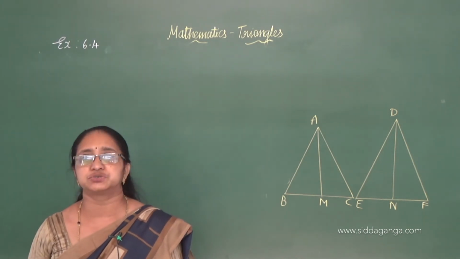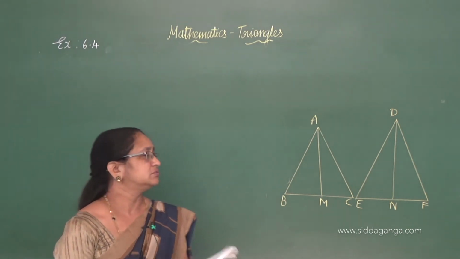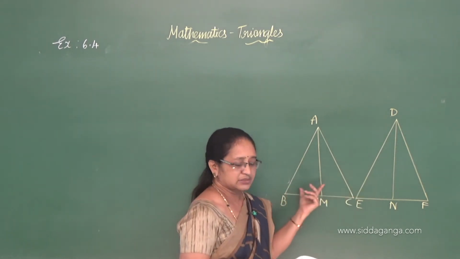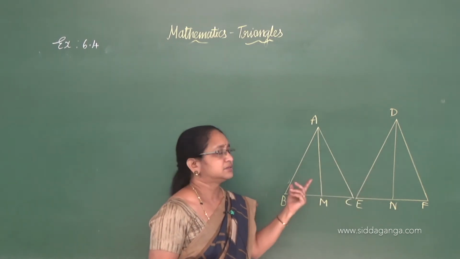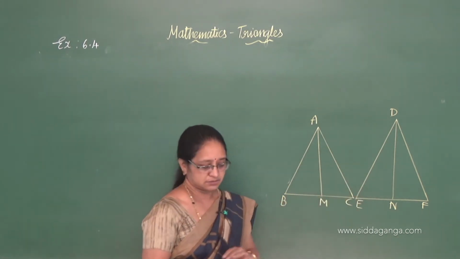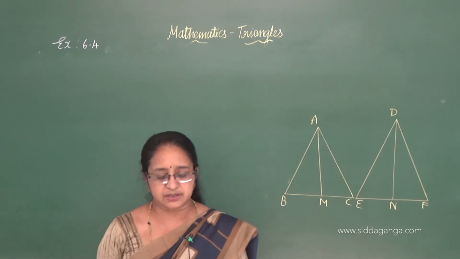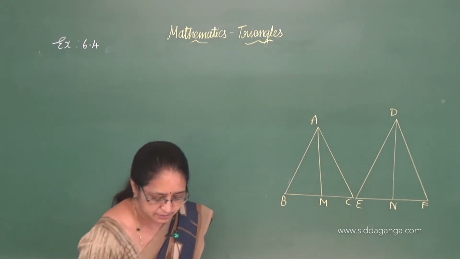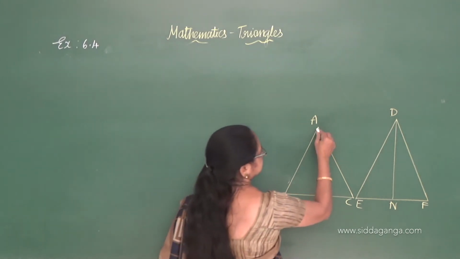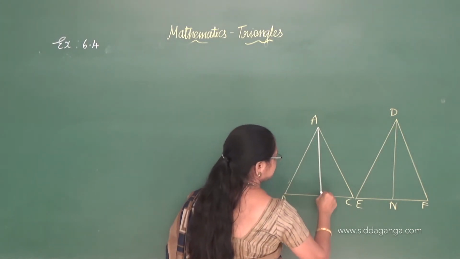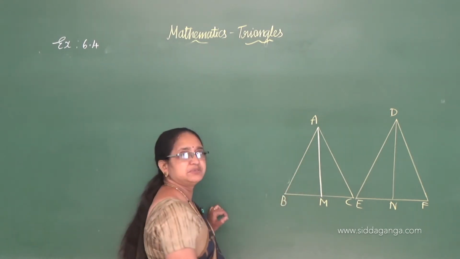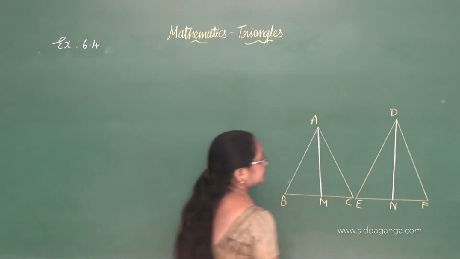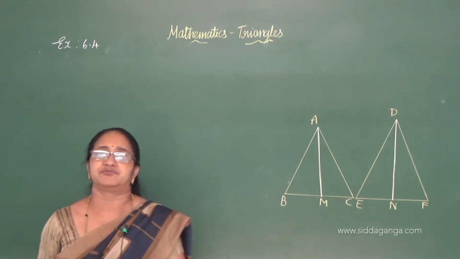Prove that the ratio of the areas of two similar triangles is equal to the square of the ratio of their corresponding median. See here, AM is the median of the triangle ABC and DN is the median of the triangle DEF. Understood?